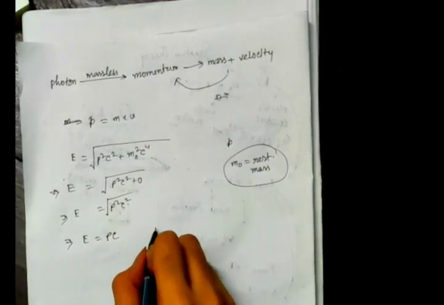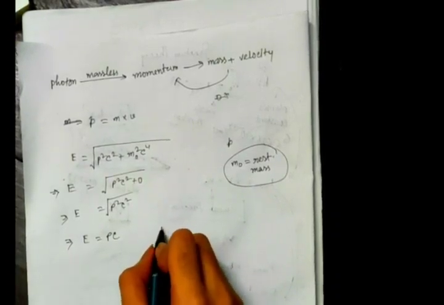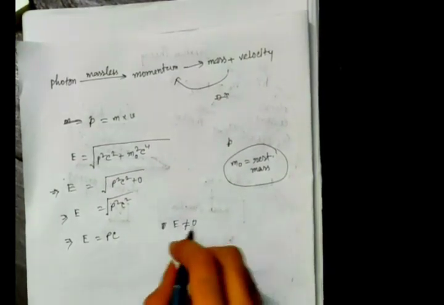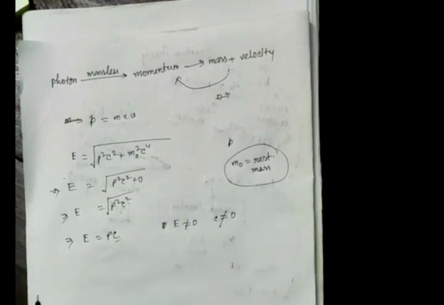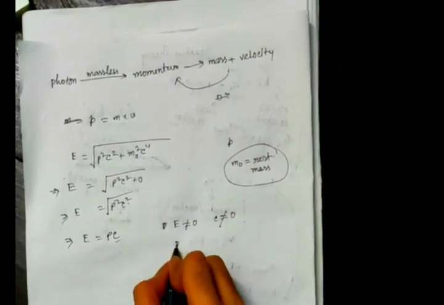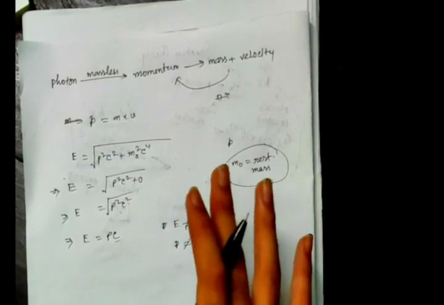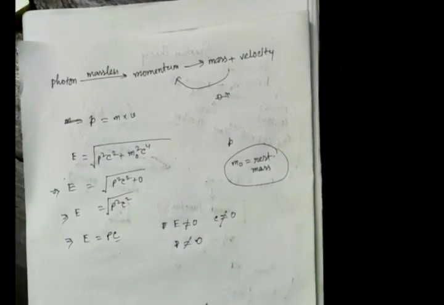We know that a photon, when in motion, carries at least some energy, so E is not equal to 0. C is constant, so c is not equal to 0. Therefore p must not be 0. That's how mathematically you can prove that a photon has momentum in spite of not having rest mass.